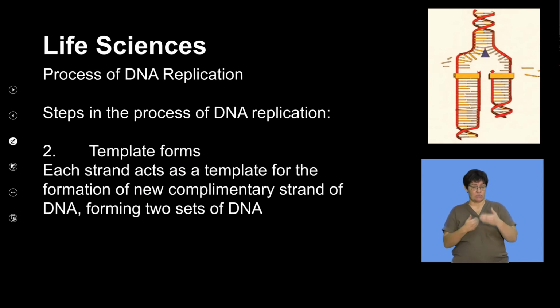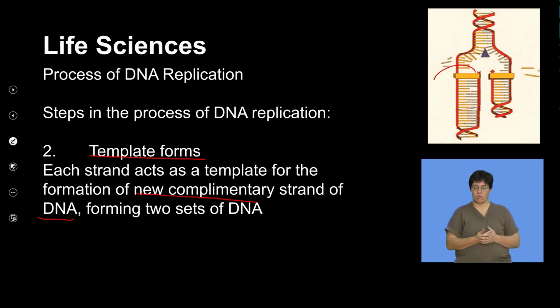Okay? The second process would be that these templates form, and each strand acts as a template so that new complementary bases can come in and form. So here we're seeing that the new complementary bases are coming in based on the ATGC base pairing, that they start forming a complementary strand on the template.